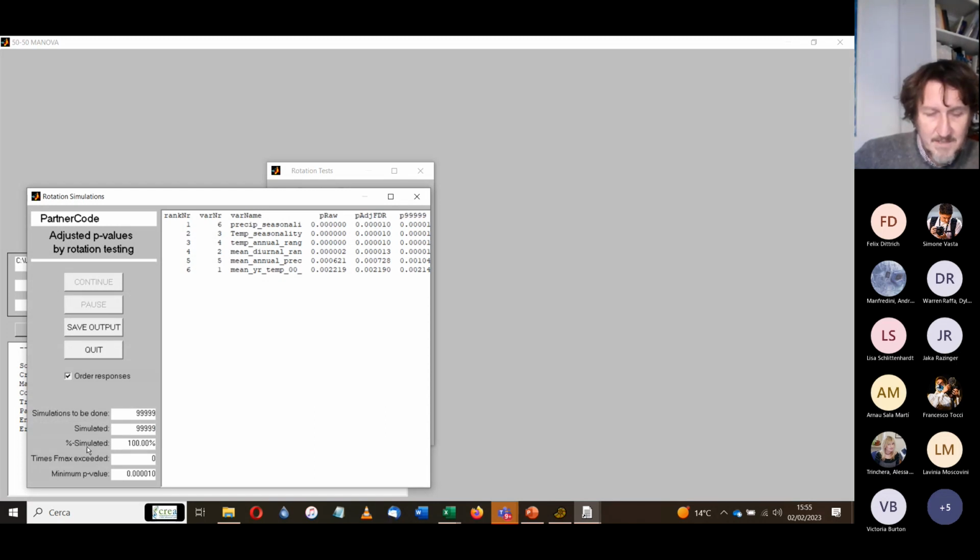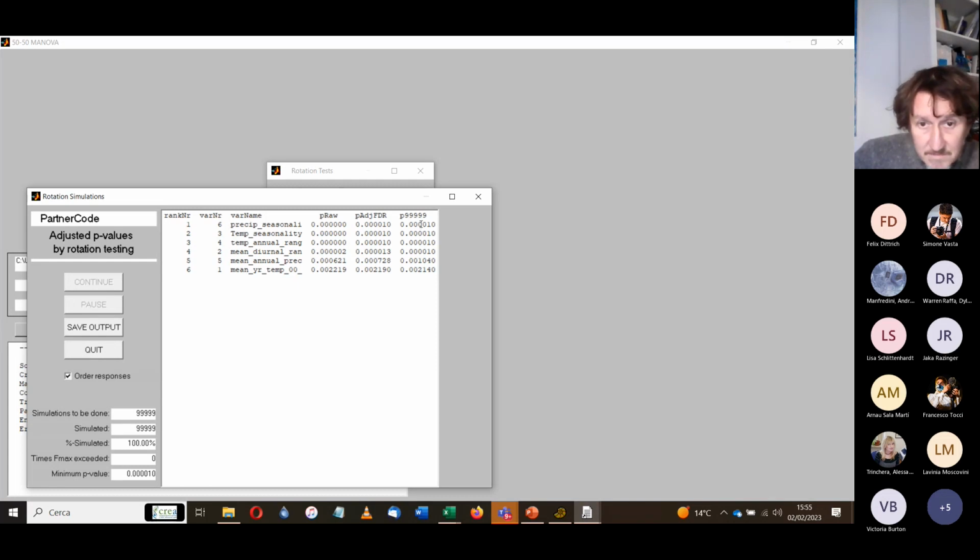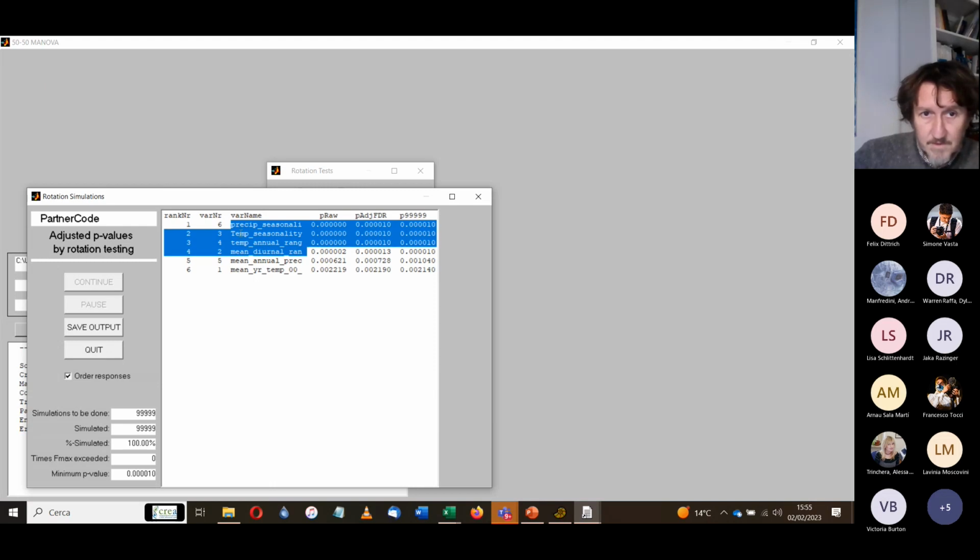It completed the simulation. And here you can observe in this last column the contribution of the variables. So all of these are significantly giving their contributions, but more than the others, the first four: precipitation seasonality, temperature seasonality, temperature annual range, and also mean diurnal range.